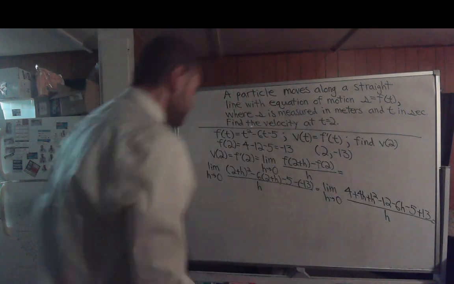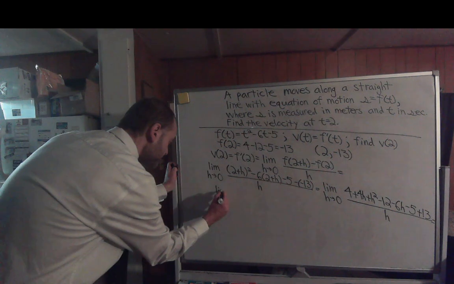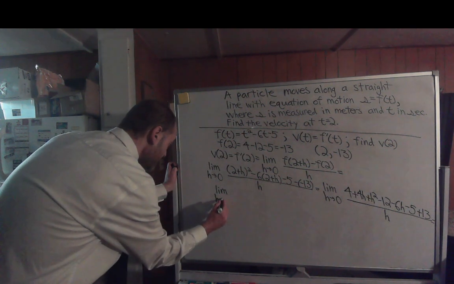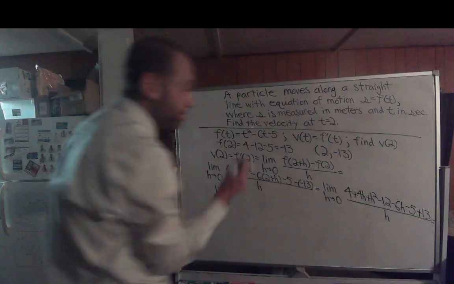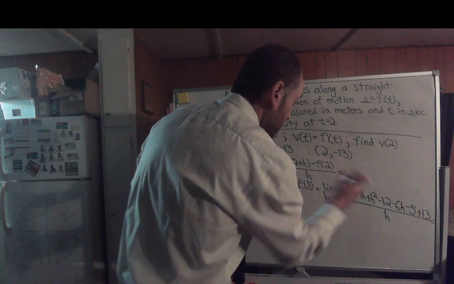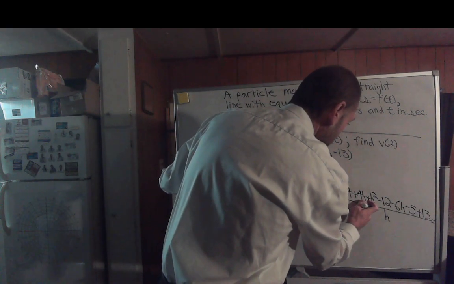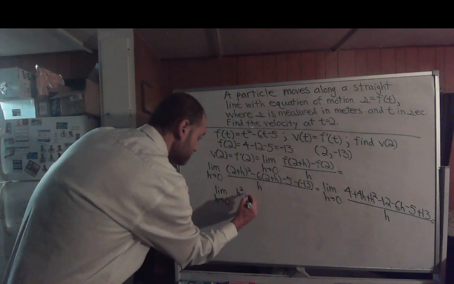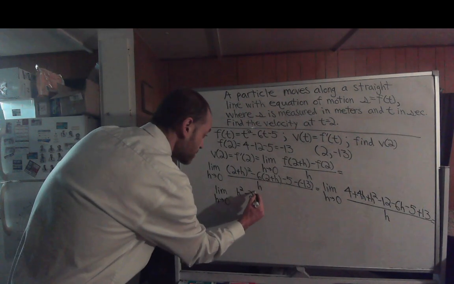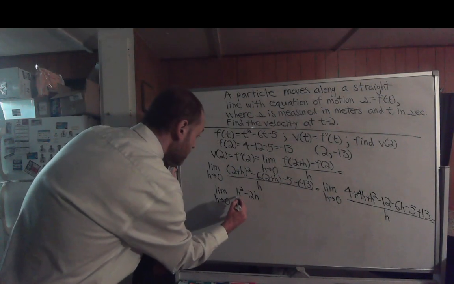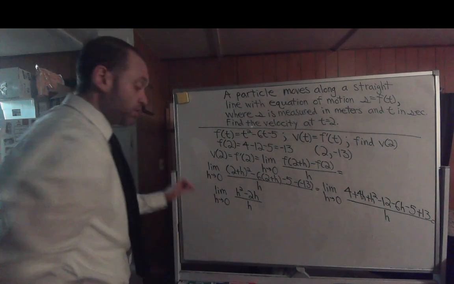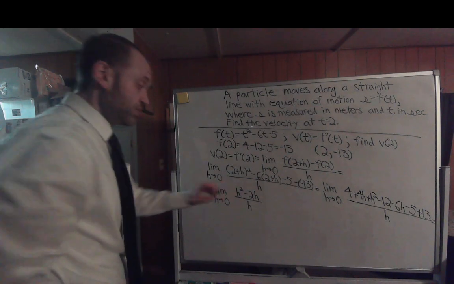You'll just simply have now the limit as h approaches 0 of h squared, and then you have 4h minus 6h, well, that's minus 2h, all over h. Now we see we can factor out an h in the numerator.